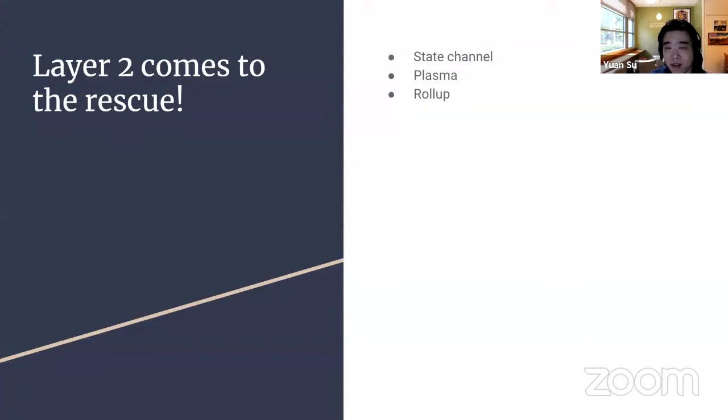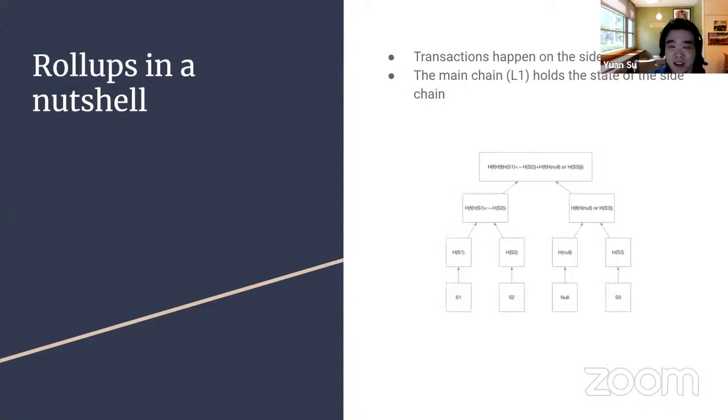I'm not going to expand on what a channel is, what Plasma is, or what Rollup is, because today's topic is about Rollup. Let me move this little thing here so that it doesn't cover everything. So what is Rollup? Rollup means that we have a lot of transactions happening, and we can combine all those transactions into one state root.